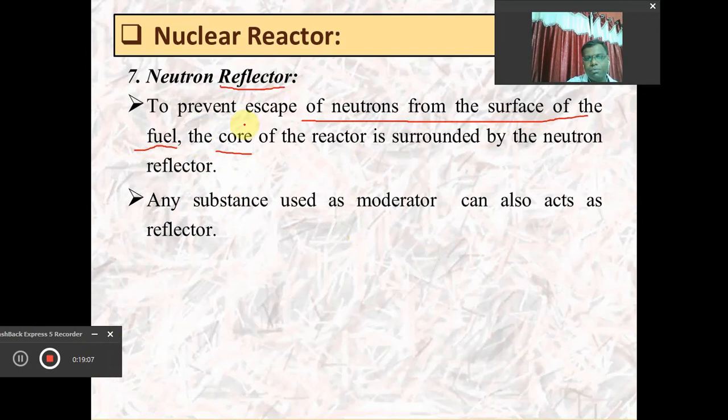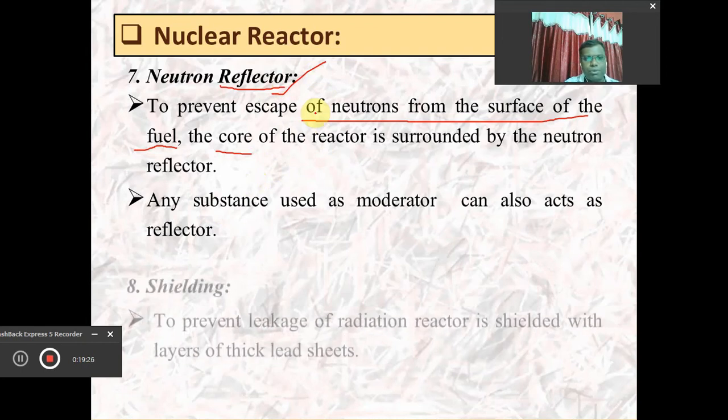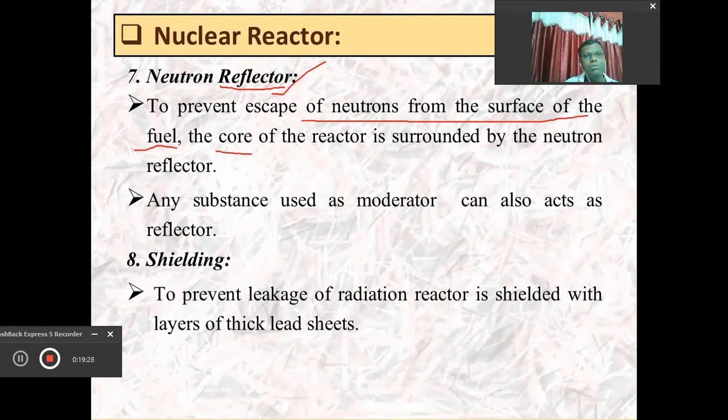So this core is surrounded by a layer of particular substance, and those substances are called nuclear reflectors. The purpose of the nuclear reflector is just to prevent the escape of neutrons out of the core in which the nuclear fuel is placed.